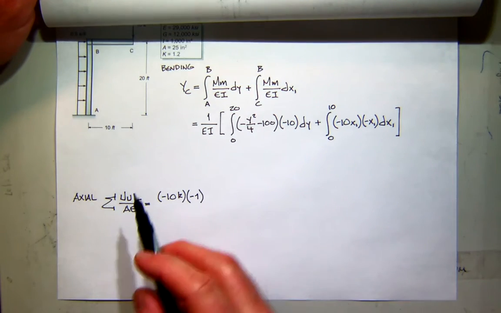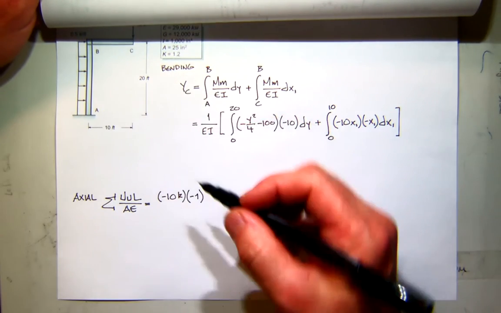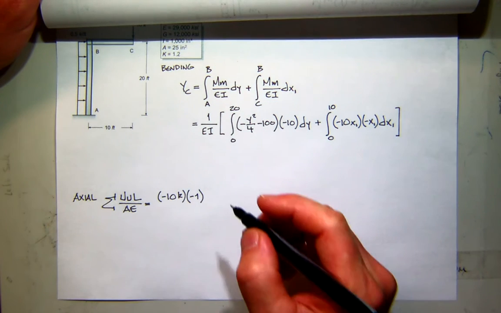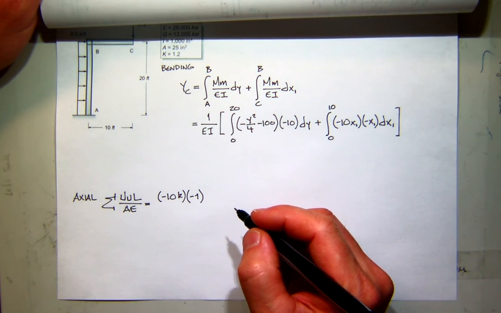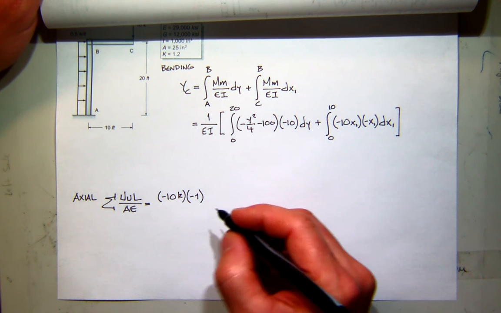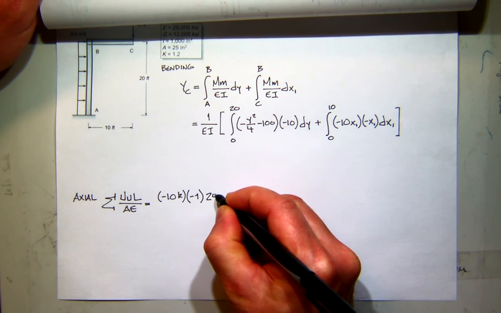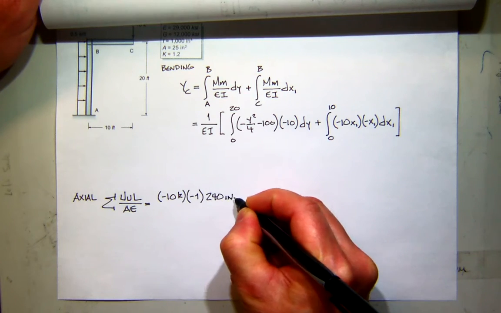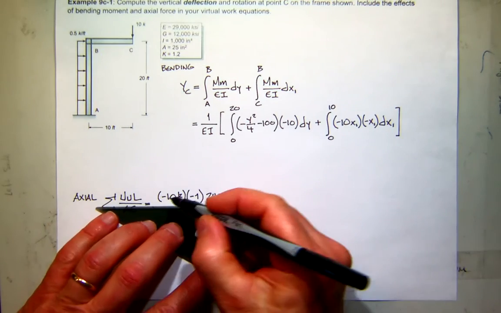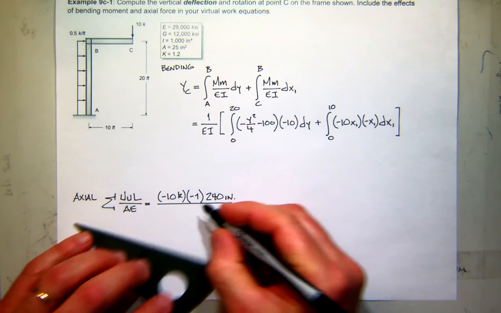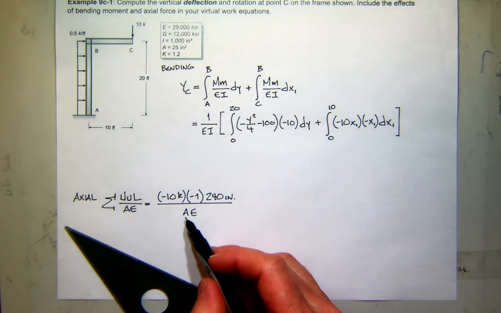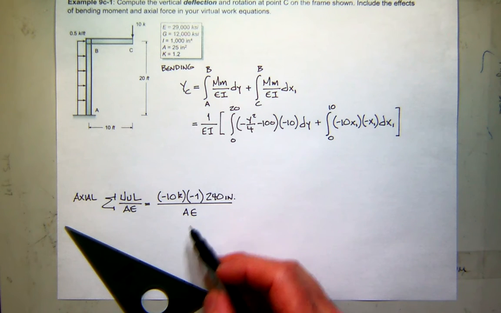The length of AB, which is 20 feet, which is 240 inches, right? Is that right? So 240 inches, and then I would divide it by A and E. And A is going to be in inches, and E is in kips per inch squared.